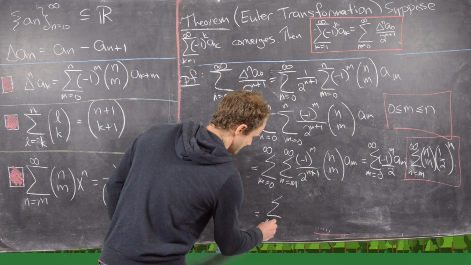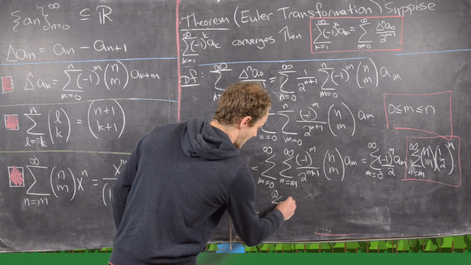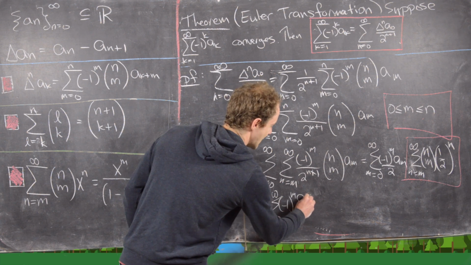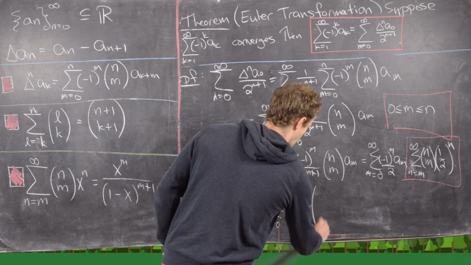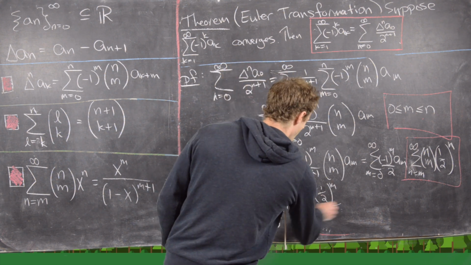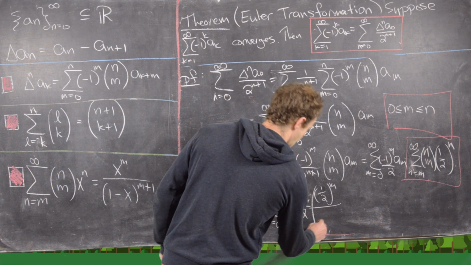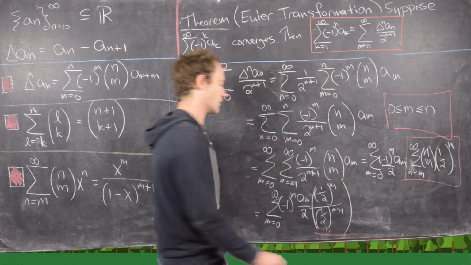So now we have the sum m equals 0 to infinity of (-1)^m, a sub m, over 2. And now I'm going to have 1/2 to the m power over 1 minus 1/2. Well, that's obviously another half to the m plus 1 power.